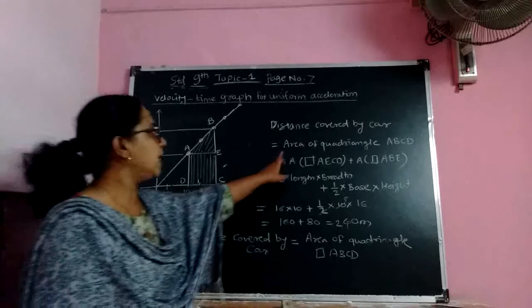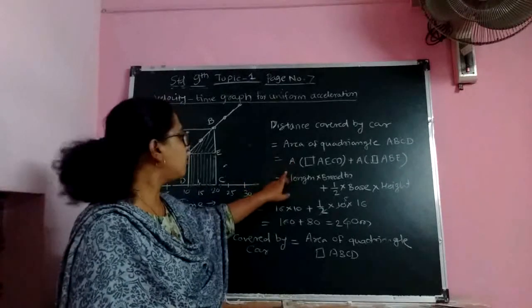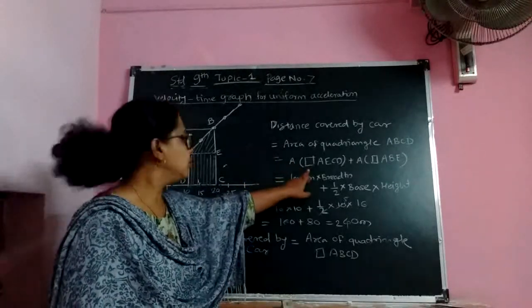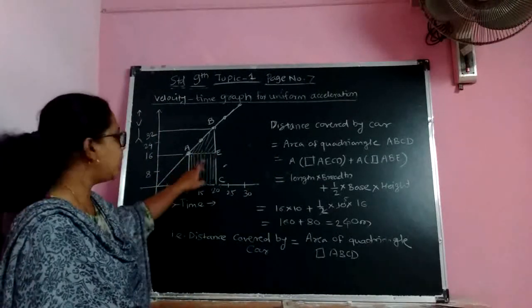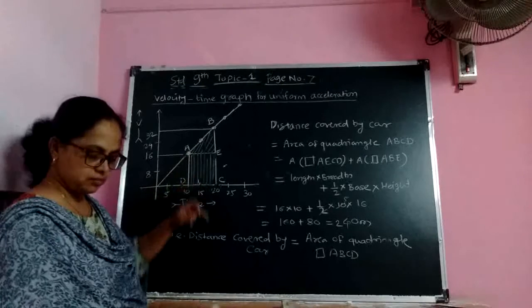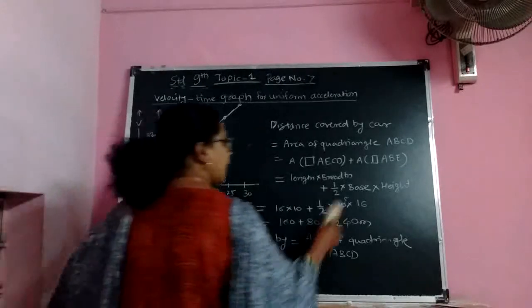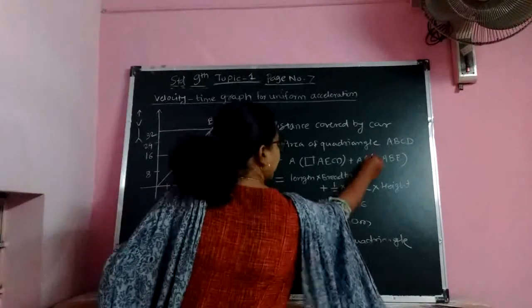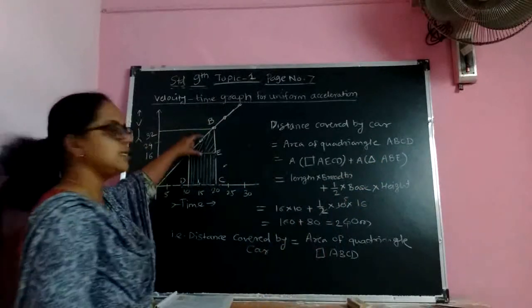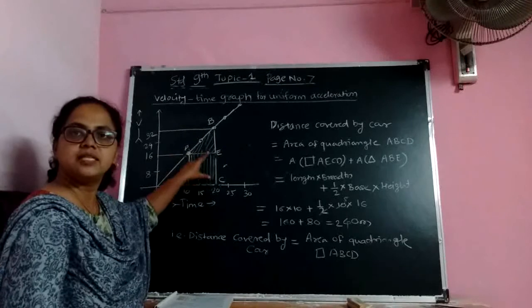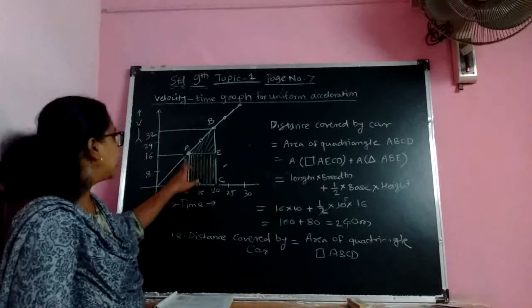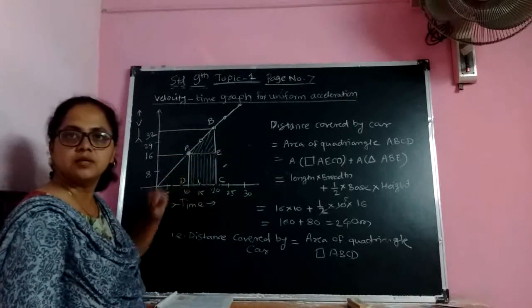Area of quadrangle ABCD is equal to area of rectangle AECD plus area of triangle ABE. Add these two areas, you will get the area of the whole figure.